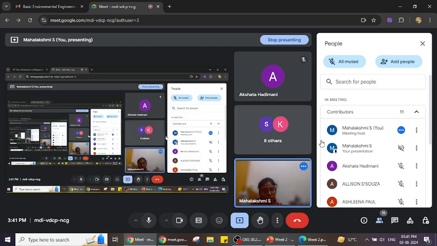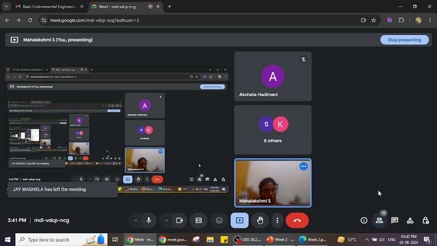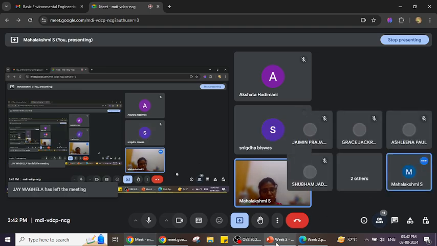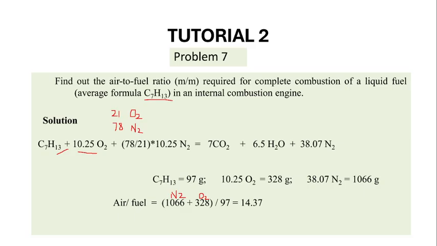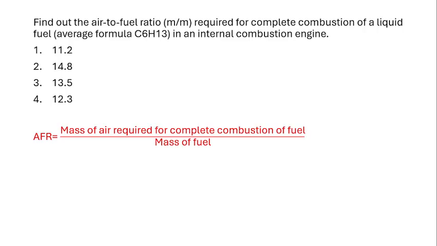Please solve it. Have you balanced the equation?